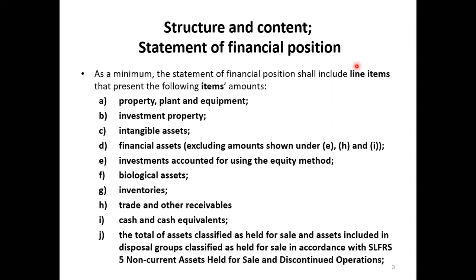So there are many different types of materials included in the inventories. But when you look at the financial position, you can find only inventories, a single item, so aggregated. The inventory includes all the different varieties of inventories in a single line. So that's a line. As a minimum, at least, the statement of financial position shall include line items that present the following amounts.